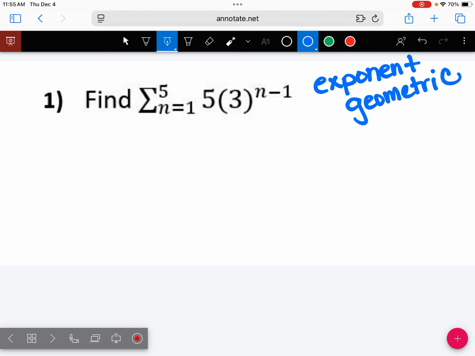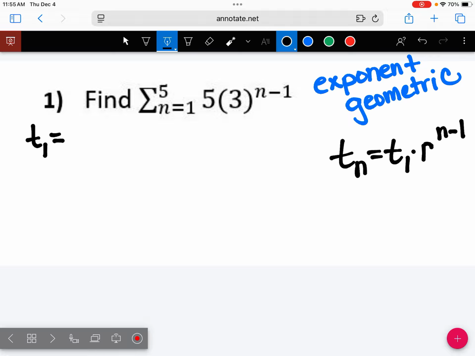So remember, in the geometric general rule, it's T1 times R to the power of n minus 1. So the three things we need to know. I need to know my first term, which would be 5. See how that's the first number, right? That's because that's my rule. So T1 is 5.